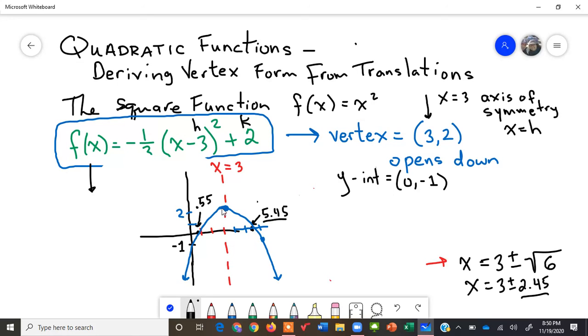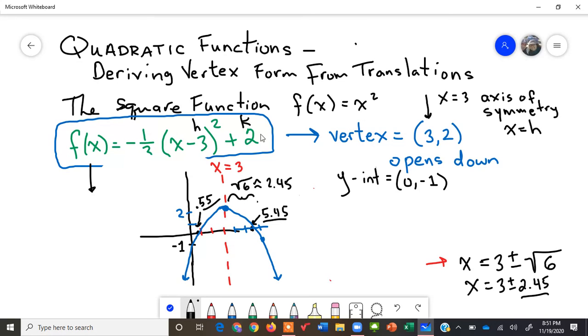So here are the intercepts, where this distance here was the root 6, or the 2.45 units. So we're adding and subtracting 2.45 to the axis of symmetry here to find these x-intercepts.